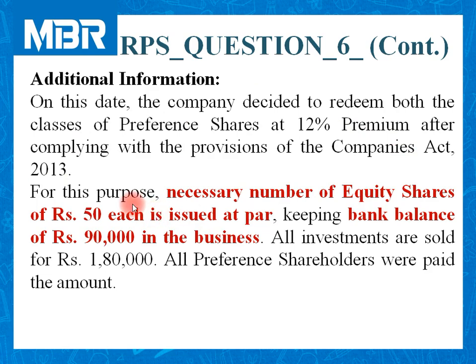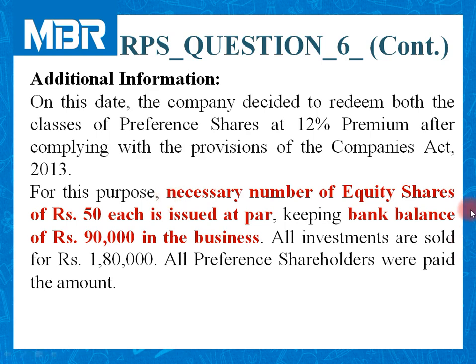For this purpose, the company has to issue new equity shares of rupees 50 each, issued at par. Now, how many shares are issued by the company? It is not given. It is mentioned as a necessary number. So this particular line is the most important line for us.